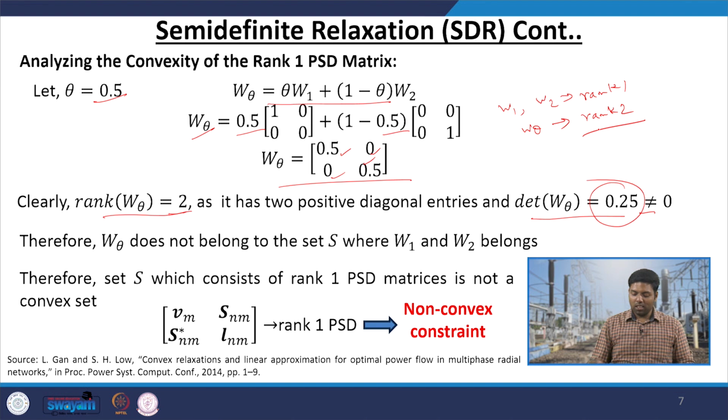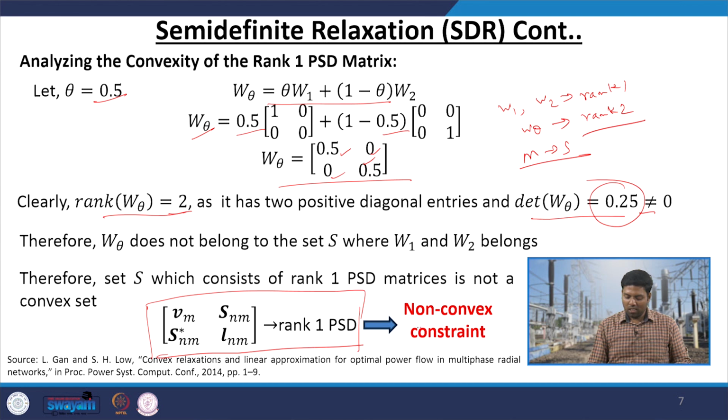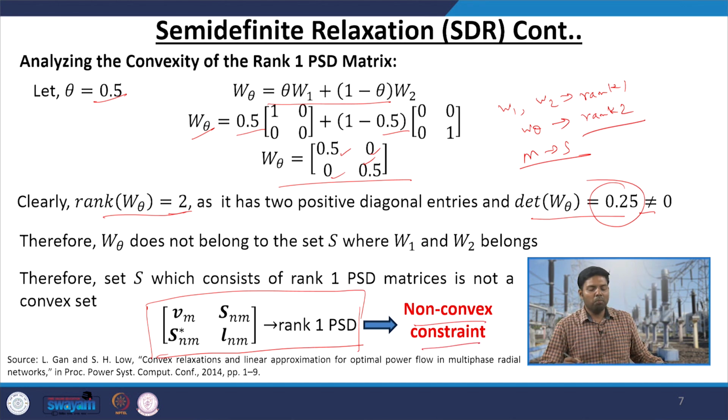So, that means your M matrix set is a non-convex set, it is not a convex set. So, your rank 1 positive semi-definite constraint imposes a non-convex constraint with the branch flow model. Hence, now we can use our semi-definite relaxation on it.